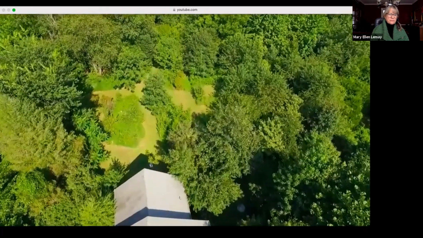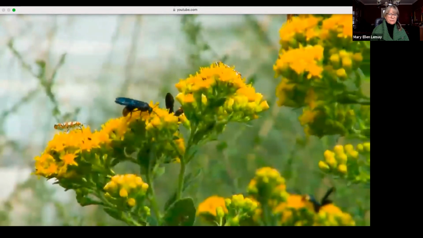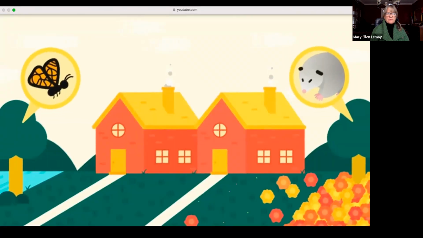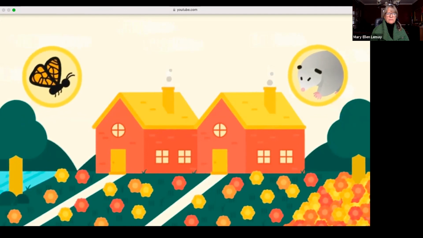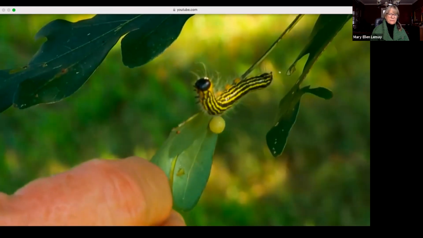So what we want to do is re-landscape our yards. I suggest we cut the area of lawn in half, put in the plants that support the food webs and the pollinators, and create what we call biological corridors that connect the actual habitats so that the plants and animals in those habitats not only can move back and forth between habitats, but they can actually live outside those habitats.